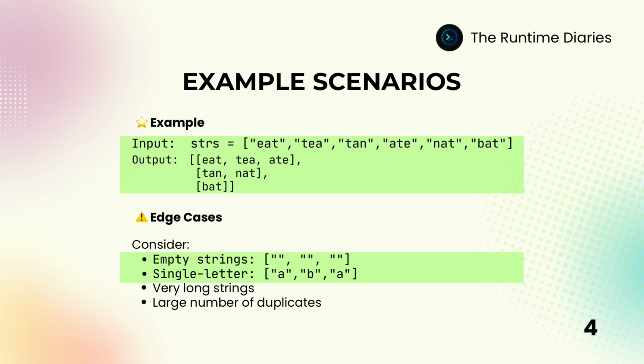You're grouping based purely on the letters and not the order. Edge cases matter here too. Empty strings, single letter words, very long strings, or repeated words. These all still follow the same rule: match letters and frequencies.